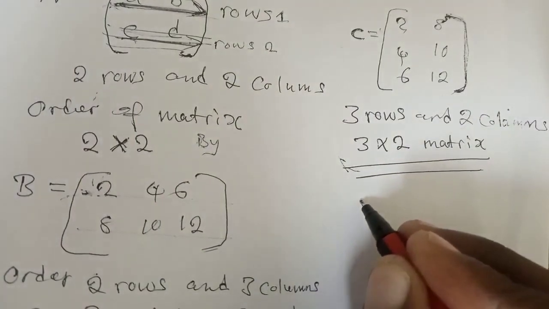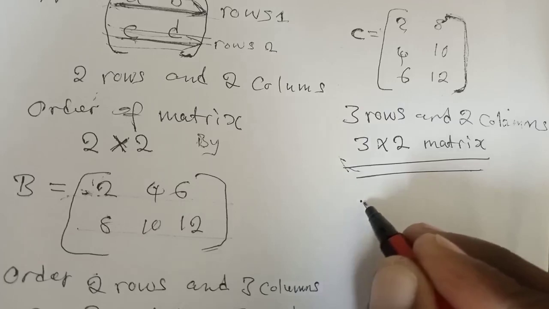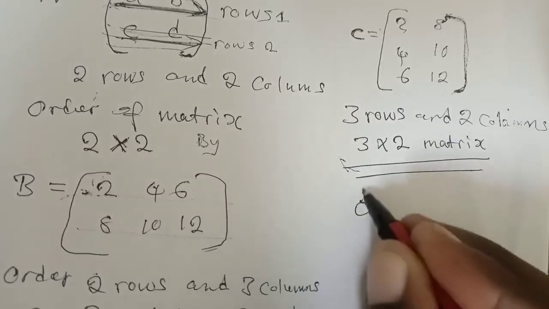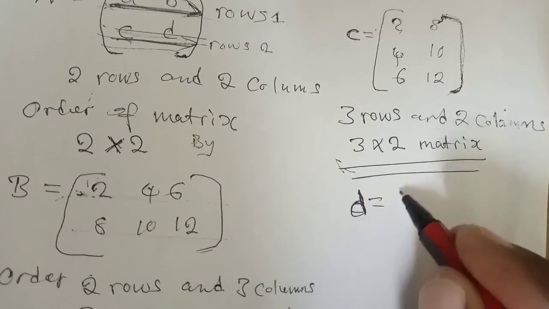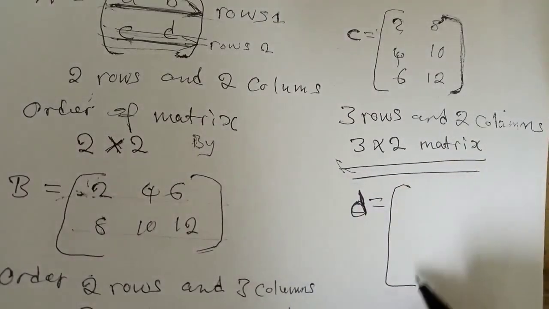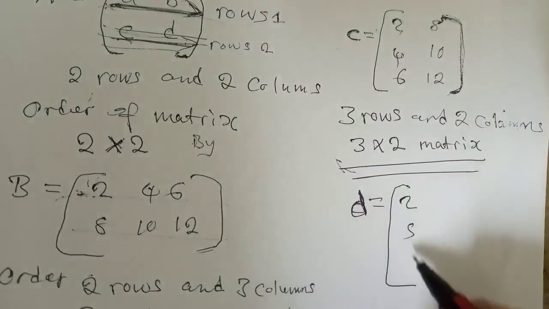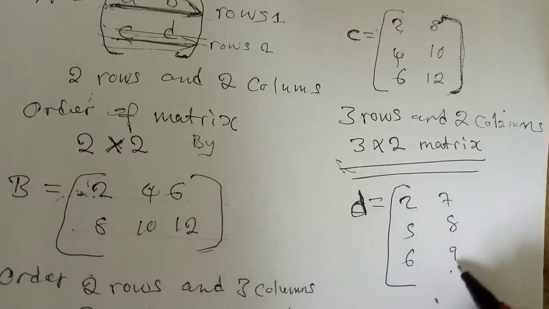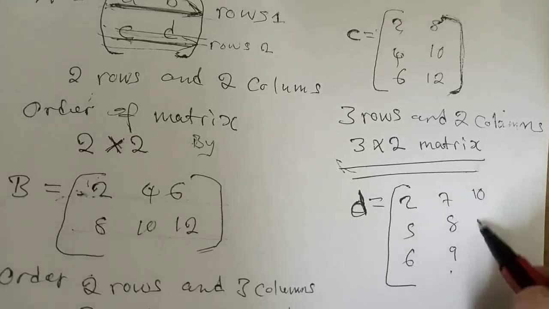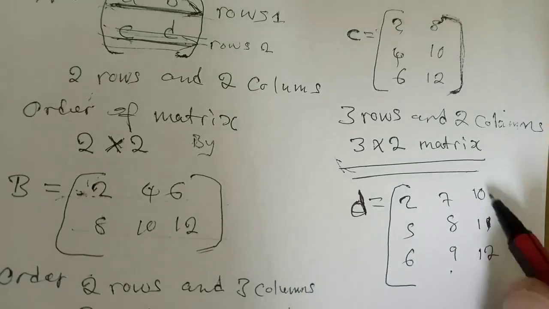Suppose you have, let's say, this is D. So the matrix D, we have 2, 5, 6, 7, 8, 9, 10, 9, 10, 11, 11, 12.